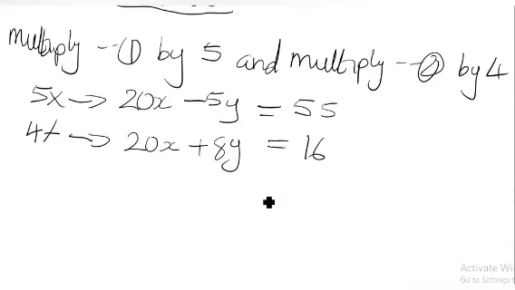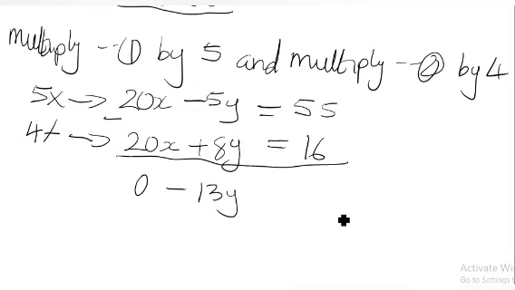Here I don't need to add, because if I add, it will not eliminate. So the only way to eliminate it is by subtraction. So when I put the negative sign here, this will subtract. So this will give you 0. This will give you minus 5y minus 8y, which is minus 13y, equal 55 minus 16 is 39.